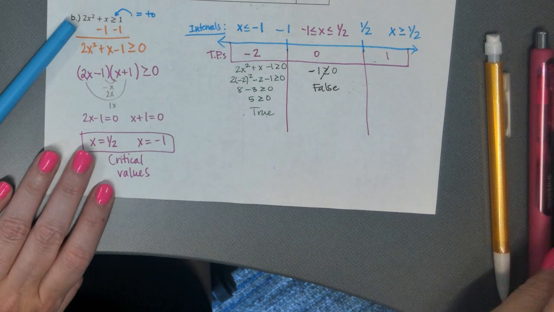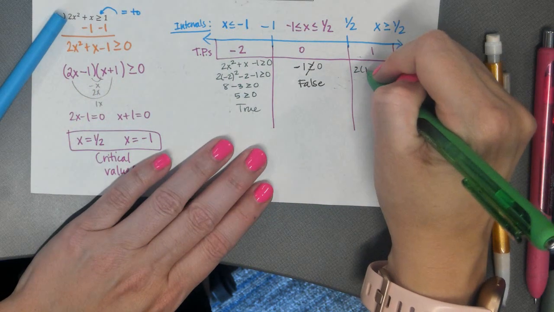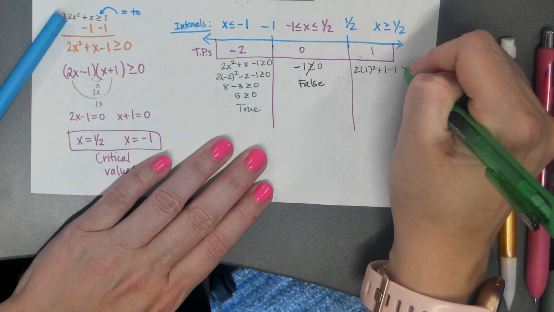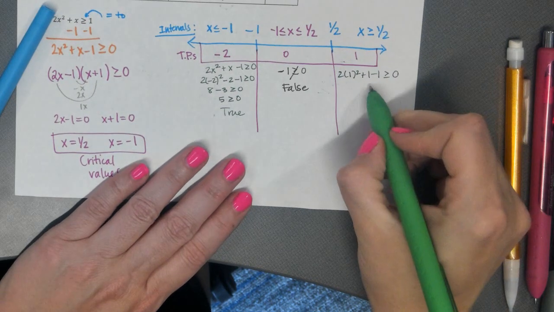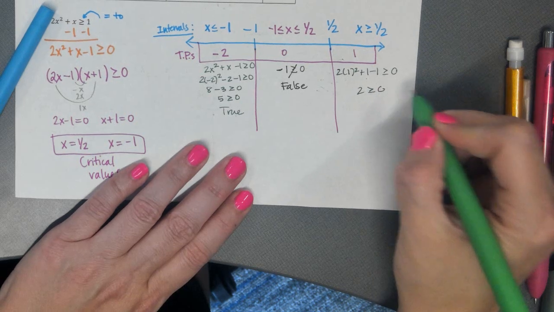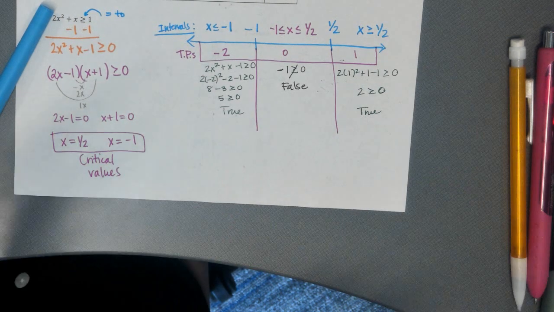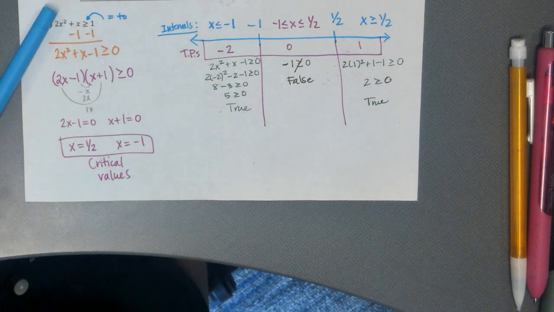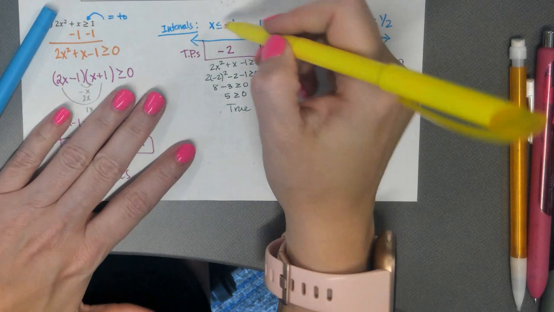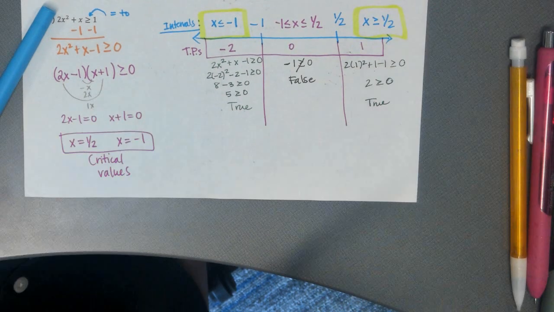Okay, and then I'm going to plug in 1. So it's 2 times 1 squared plus 1 minus 1 is greater than or equal to 0. Okay, 1 minus 1 is 0, so this is going to be 2 is greater than or equal to 0. Is that true or false? True. Okay, so you can have more than one true interval when you're writing your solution.